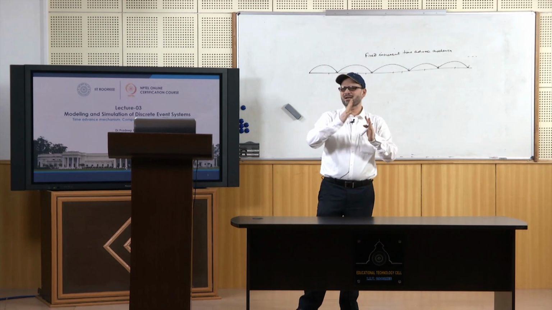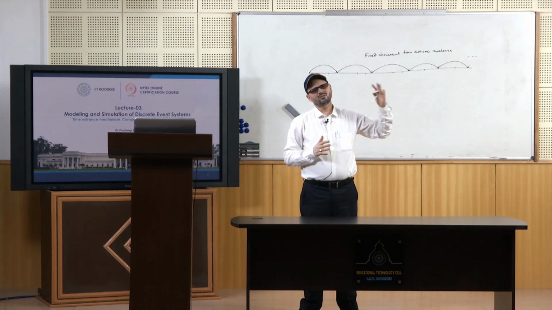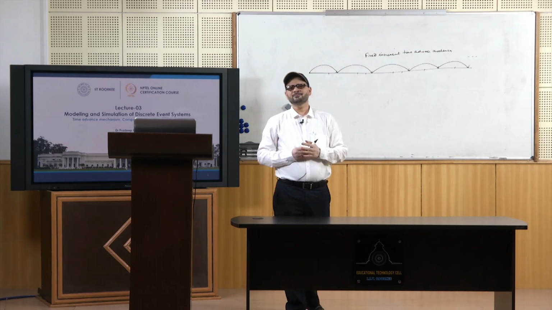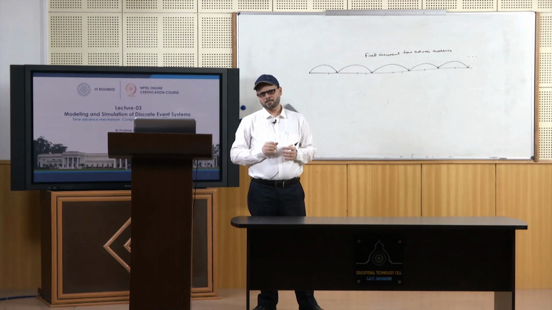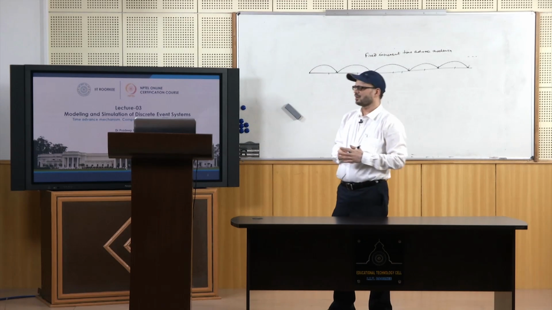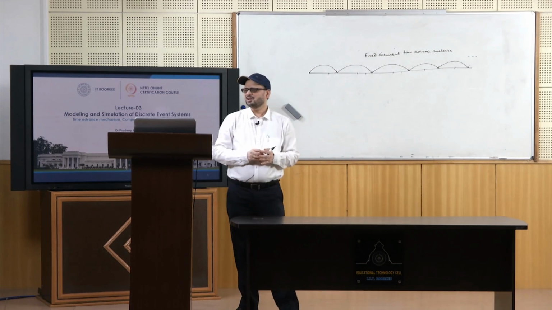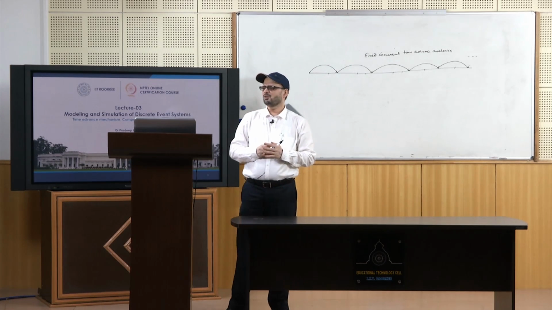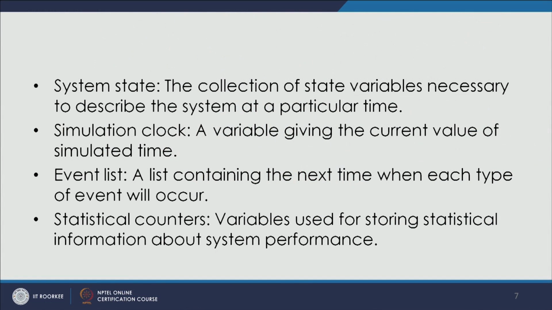The inter-arrival time is normally given, following a certain probability distribution function, and then you have a service time. What will be the service time for the server? This will be in the event list, which contains the next time when each type of event will occur.